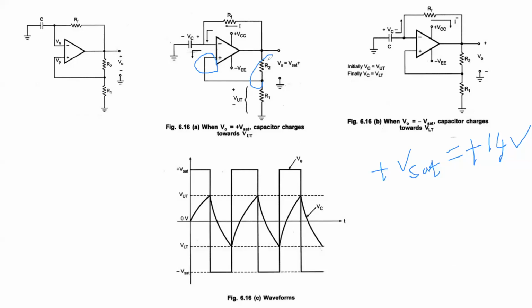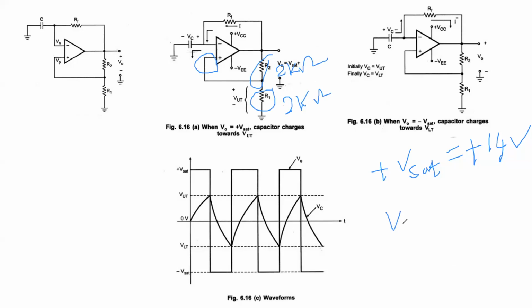It depends upon R1 and R2. Suppose R1 is 2 kilo ohms and R2 is 2 kilo ohms, both are equal.